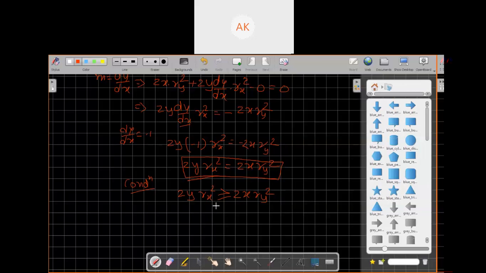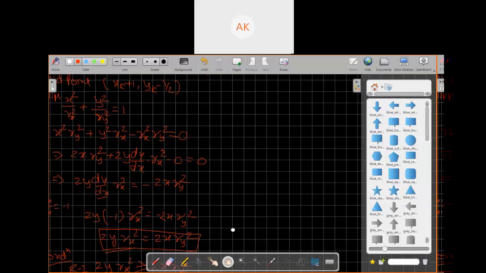Okay, so I'm just repeating again. If this term is greater, means you are in region 1. If this term, 2y rx square, is greater than the other term, you are in region 2. When these two terms are equal, you are at the intermediate point where your slope is equal to -1.